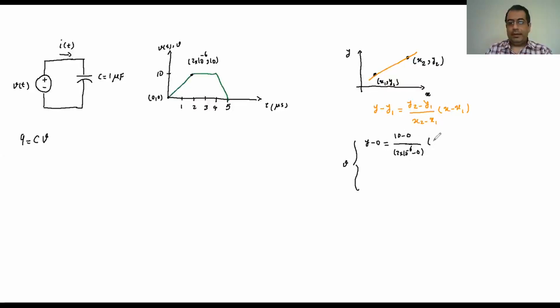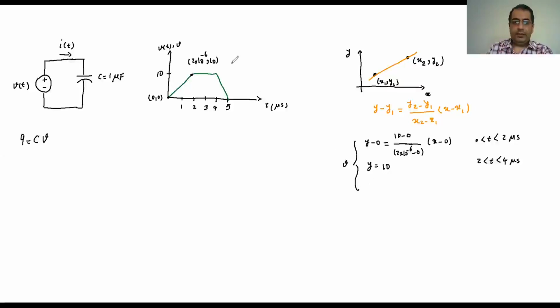And then you have x minus x1, which is going to be 0. So this is for t between 0 and 2 microseconds. And then we have v as the constant value of 10 for t between 2 and 4 microseconds.